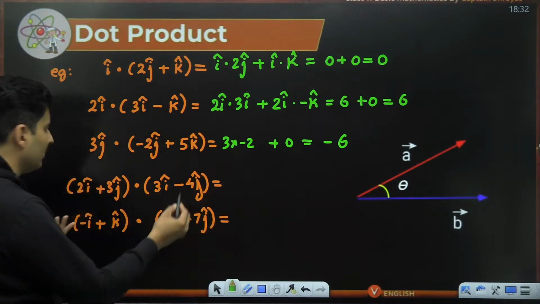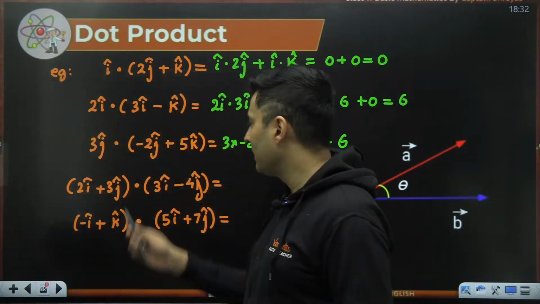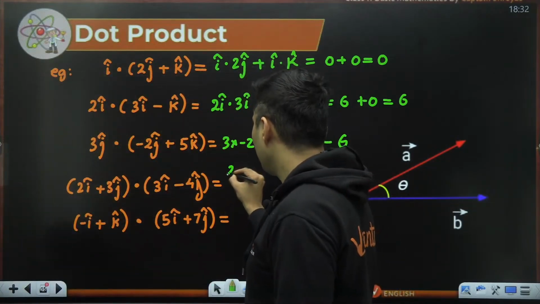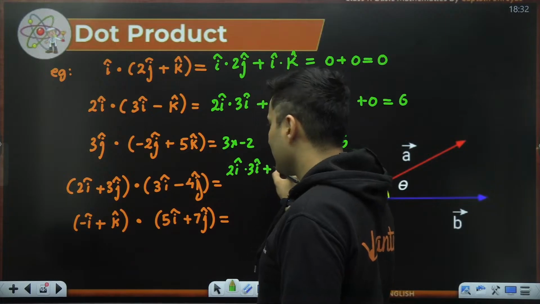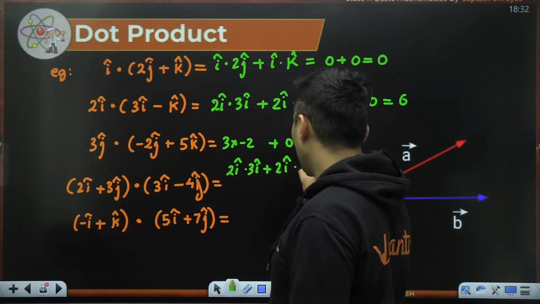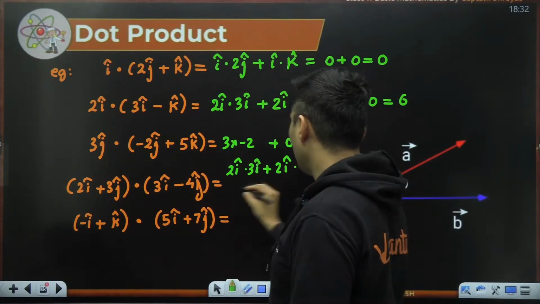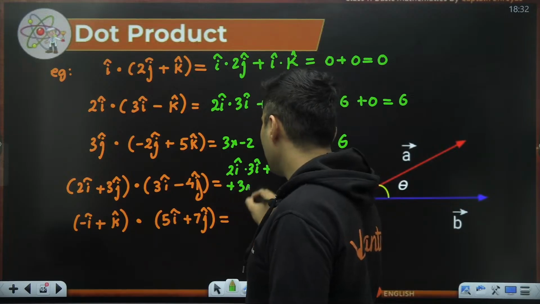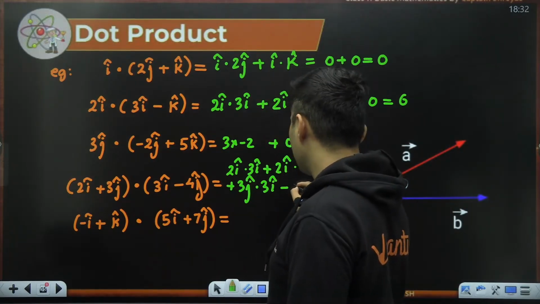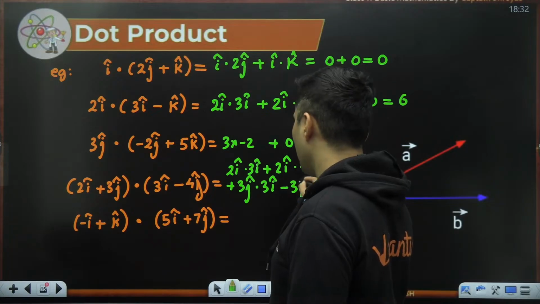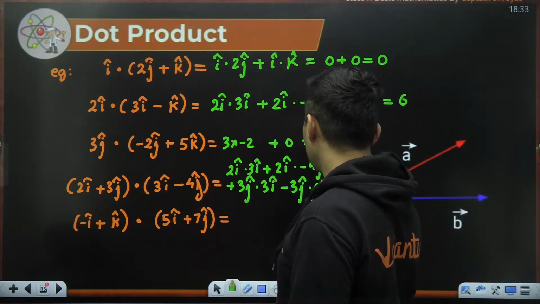What about this? Okay, there will be many terms when you open up the brackets. Like, for example, you will have 2 I cap dot 3 I cap plus 2 I cap dot minus 4 j cap plus 3 j cap dot 3 I cap minus 3 j cap dot 4 j cap.